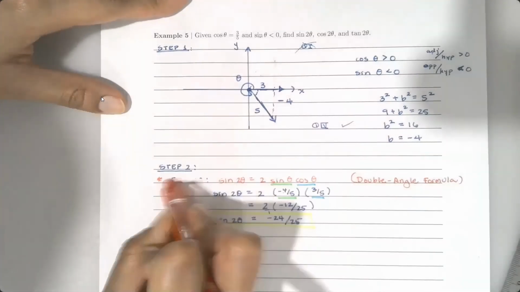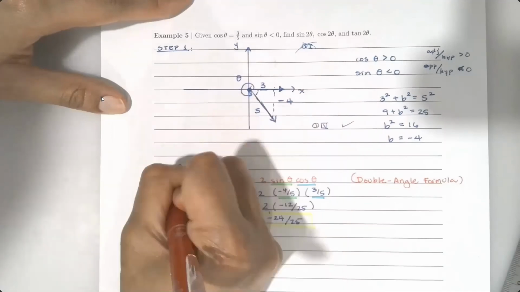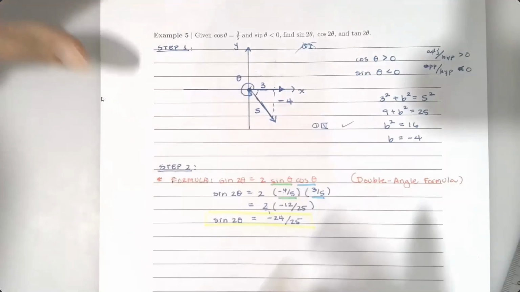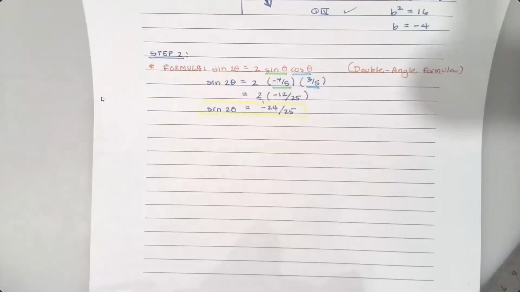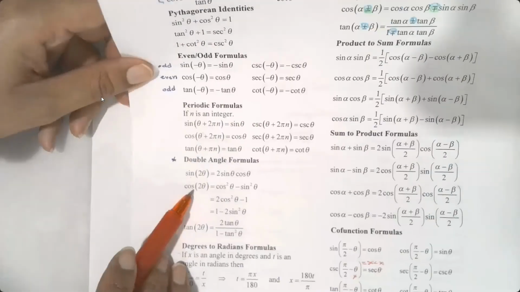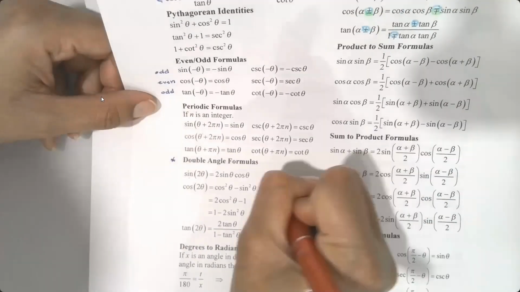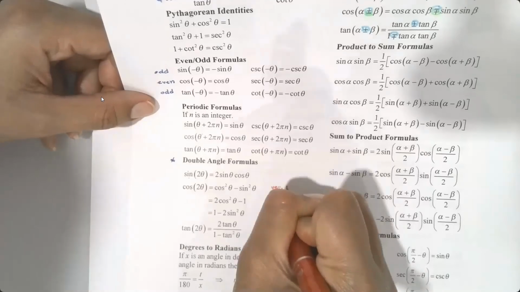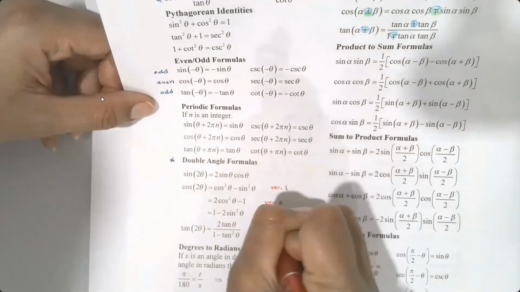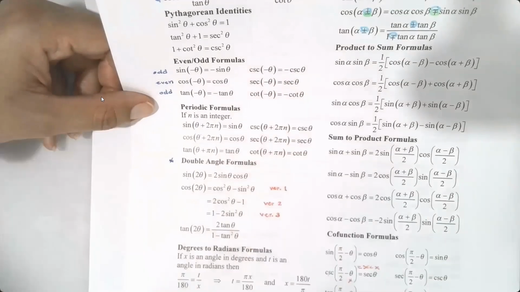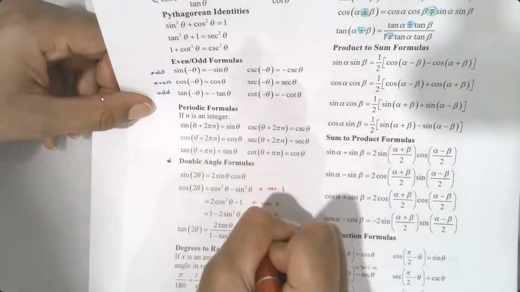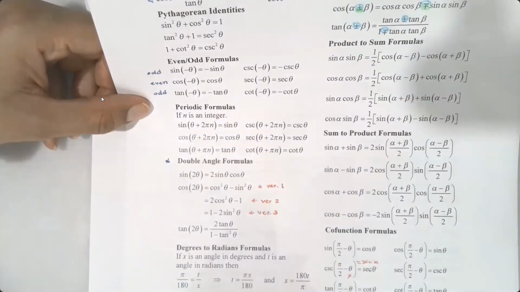We need to find cosine 2 theta. And cosine 2 theta gets a little bit interesting because there's actually 3 different versions that we can use to find cosine of 2 theta. So this is version 1, this is version 2, this is version 3. My suggestion is to use the version that agrees with the information that was given to you.